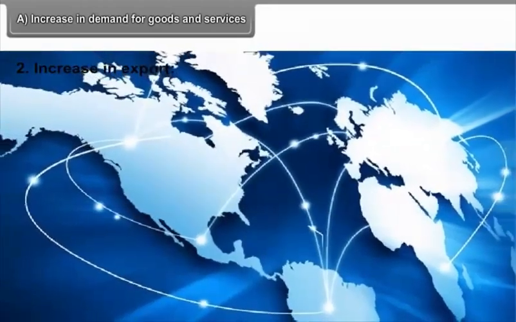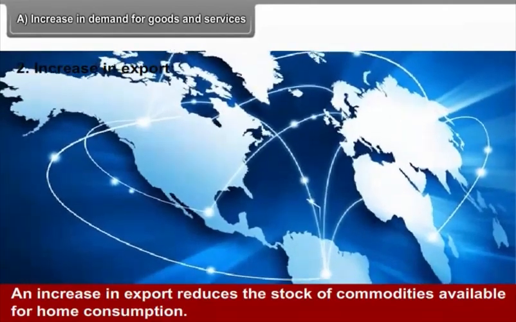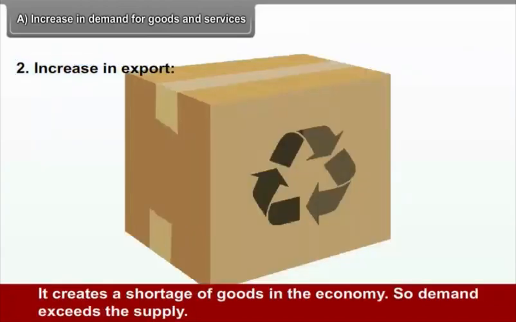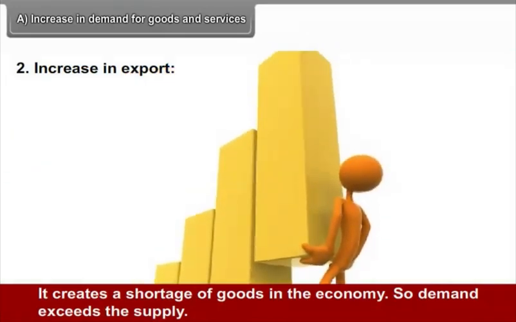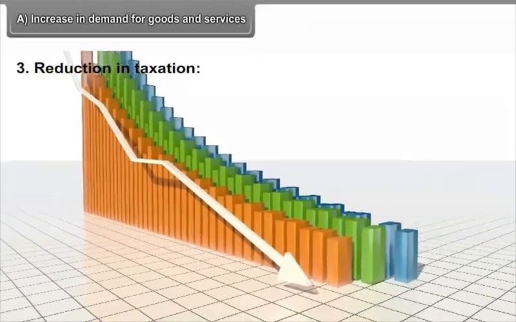2. Increase in export. An increase in export reduces the stock of commodities available for home consumption. It creates a shortage of goods in the economy, so demand exceeds the supply. 3. Reduction in taxation.